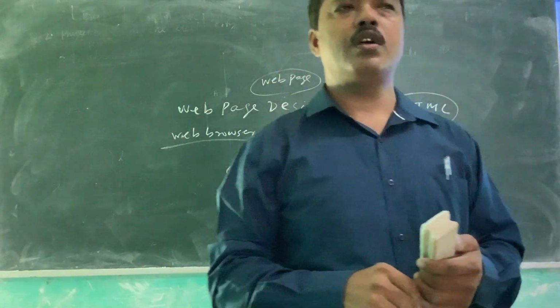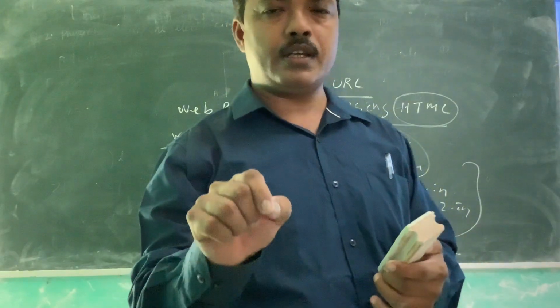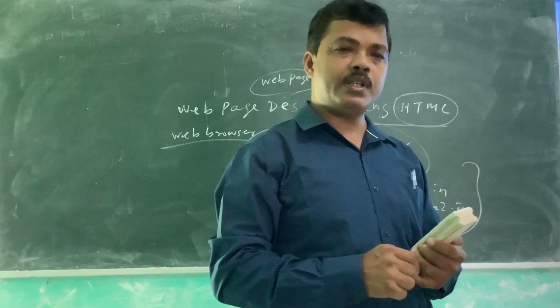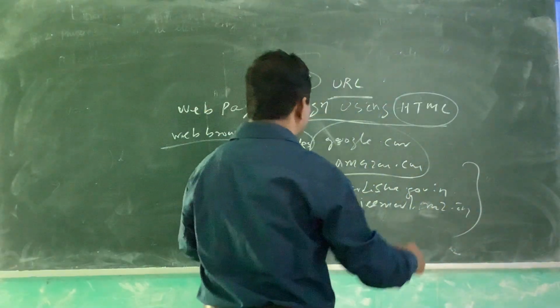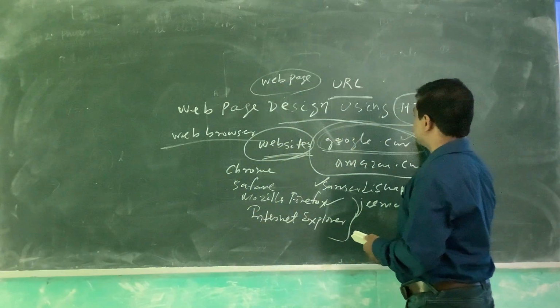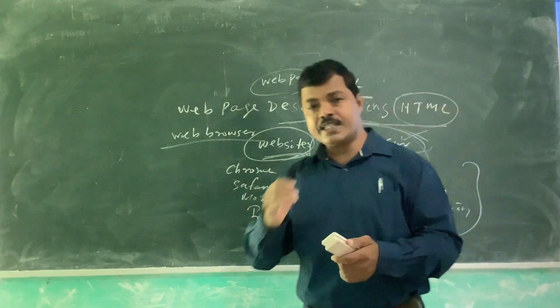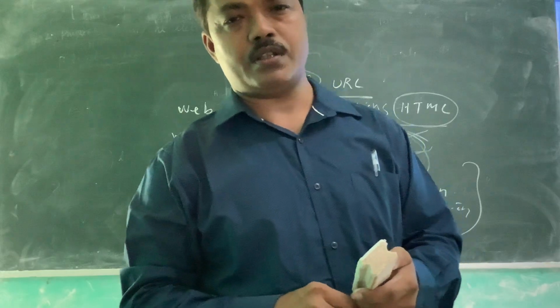Each domain name is unique. That means in the whole world there is no domain having a similar name, like google.com or amazon.com. Each and every domain is separate from each other.